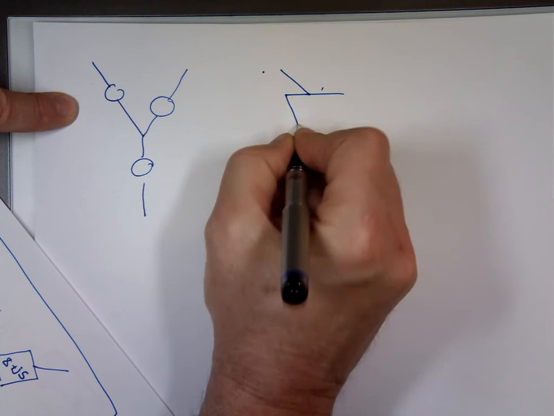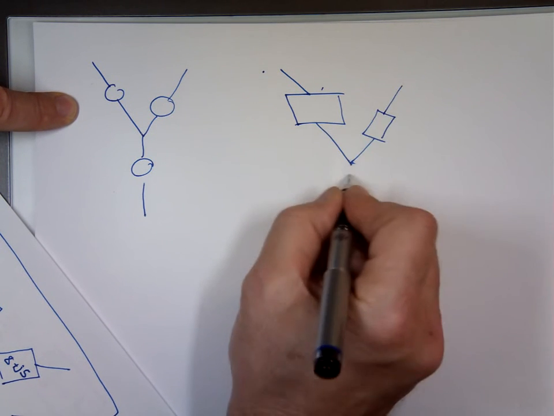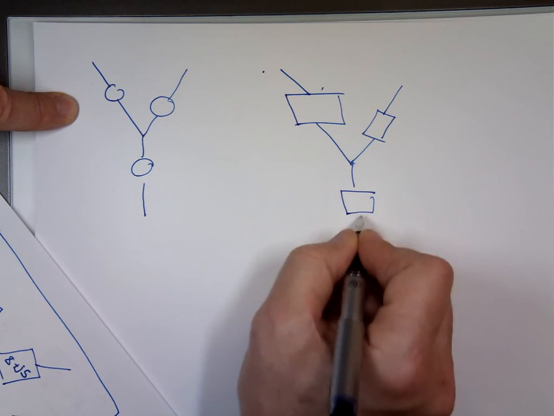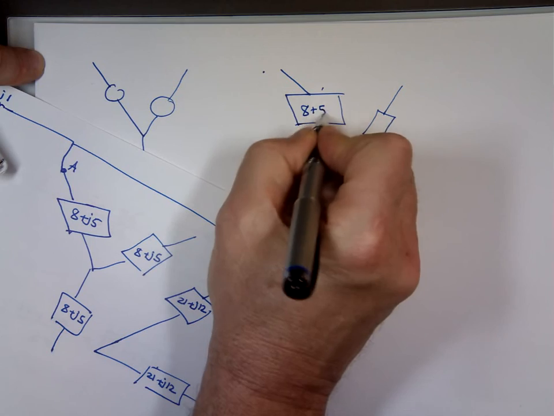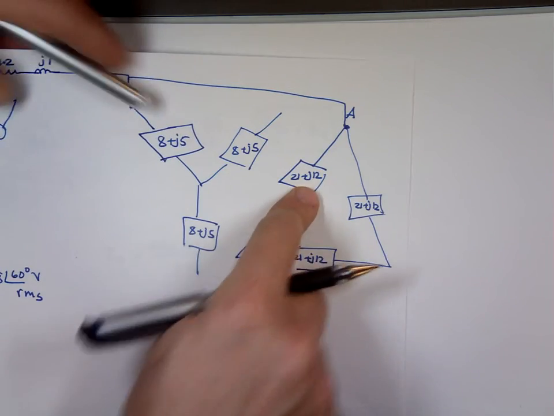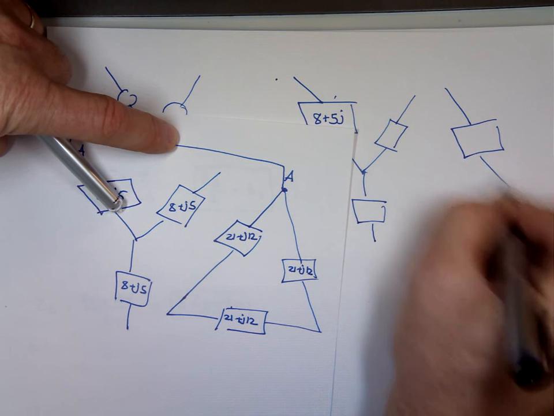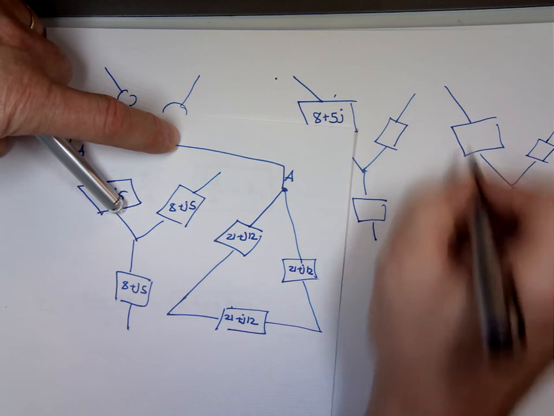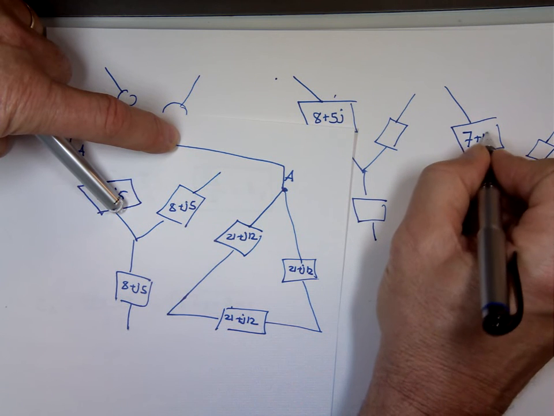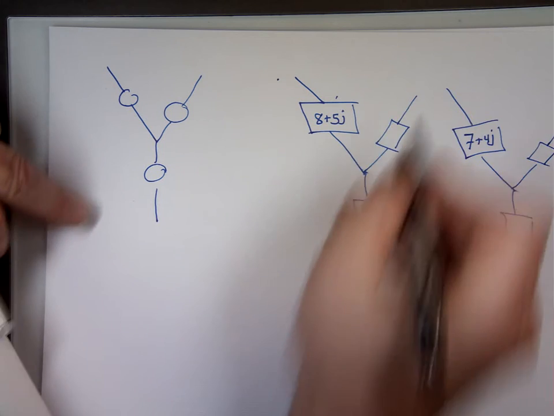I'm only focusing on one branch, really. I'm making that big. So this one's 8 plus 5j. And when you convert the delta to Y, you divide by 3, and you're going to have 7 plus 4j. Can you add those? I can. Product over the sum. They're in parallel. Can you add those two Y's? I could, sure.